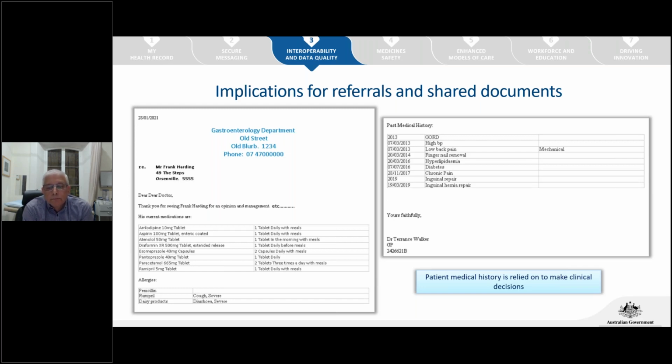And Peter, I know you talked about this already, so I won't spend too much time on it, but if the patient was to go away with this referral in hand, what would they think? Some of this stuff being quite old, some of it not being detailed enough, and some of it being inaccurate, where we've got medications that they're not taking, which I'm sure would be of concern to some patients. So really thinking about the implications of that data to patient safety, as well as to how it reflects professionalism at the practice as well.